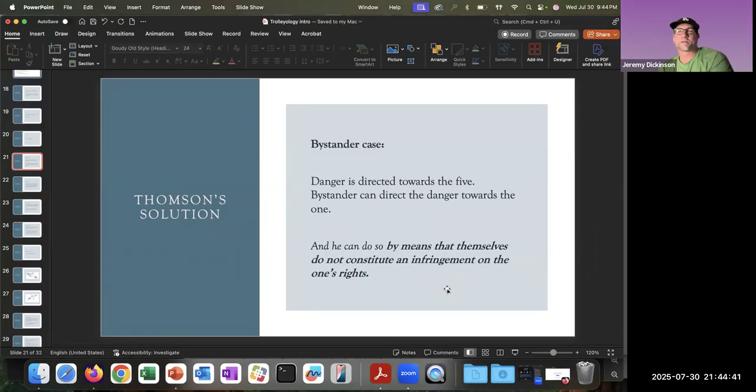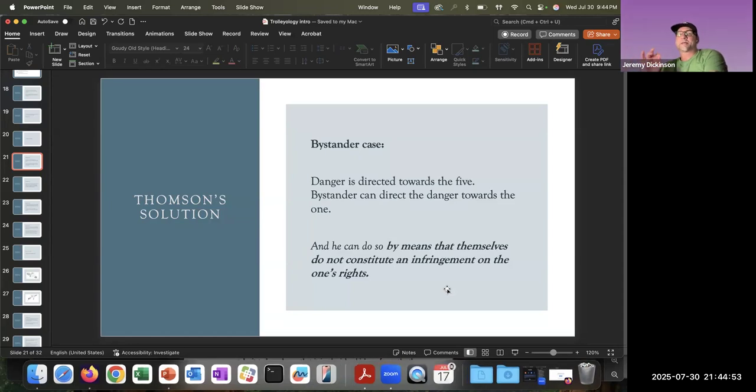He can flip the switch, directing the danger toward the 1 instead of the 5. Crucially for Thomson, the bystander can direct the danger towards the 1 by means that themselves do not constitute an infringement on the 1's rights. Okay, so that's the bystander case.